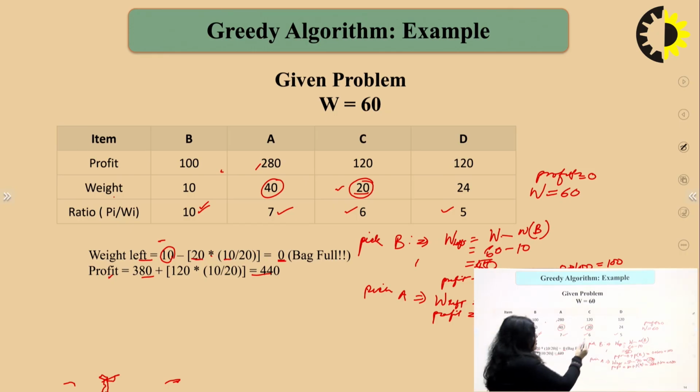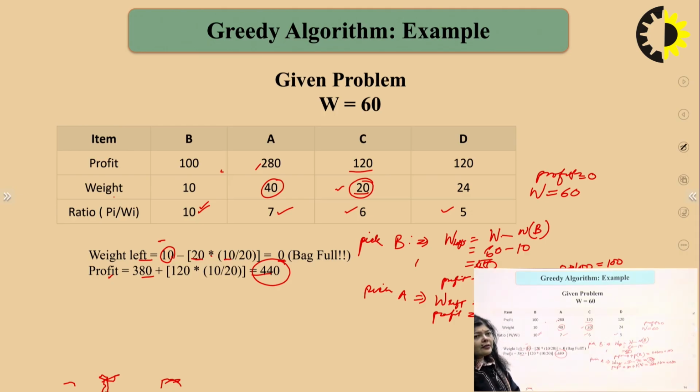As you can see, the profit associated here is 120 units, but since you are only taking half of this particular object, you only add as much profit as corresponds to the weight units selected. So the final solution for this problem instance using the greedy approach will be 440 units of profit.